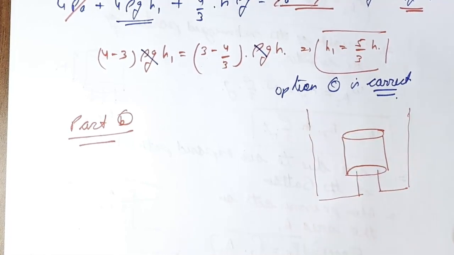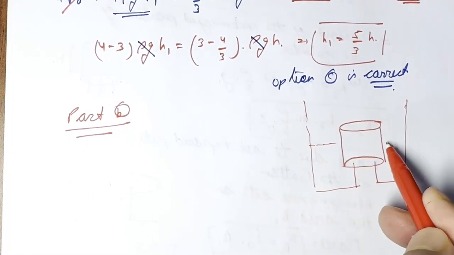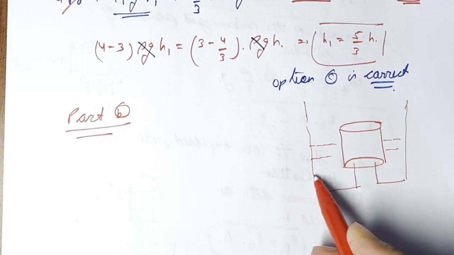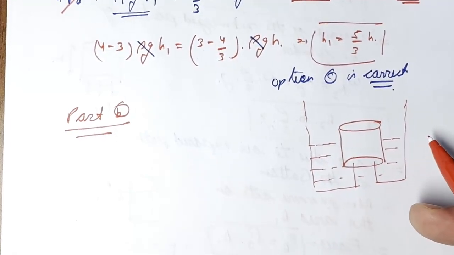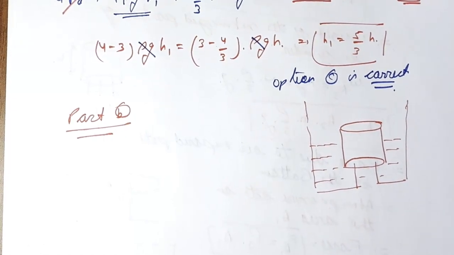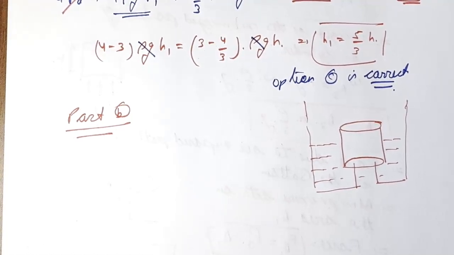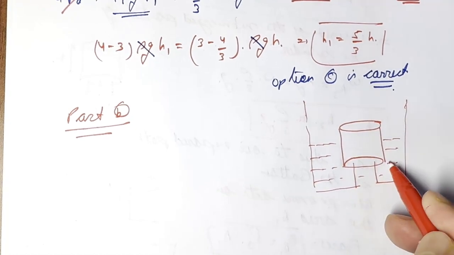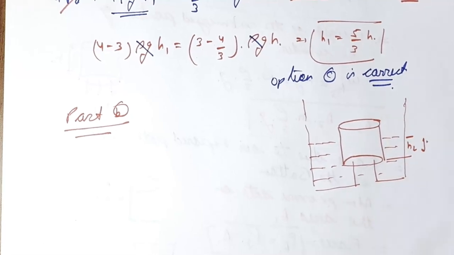The only difference is now the liquid is up to something here, and this height is given as S2. So the height up to here is given as S2.